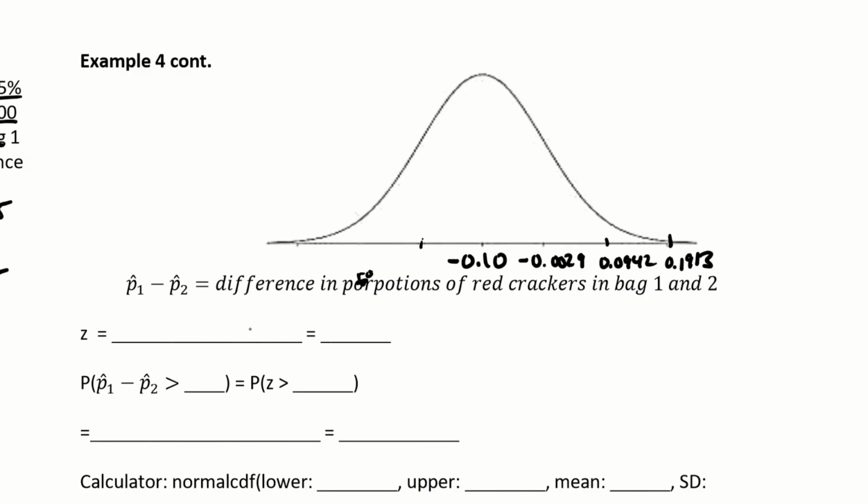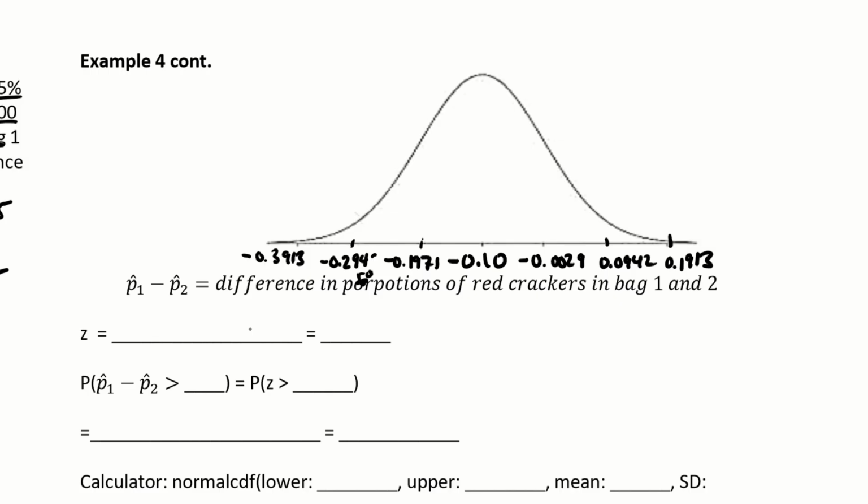And then the next one's going to be negative 0.2942 and negative 0.3913. Let me rewrite this number. Negative 0.2942. All right.